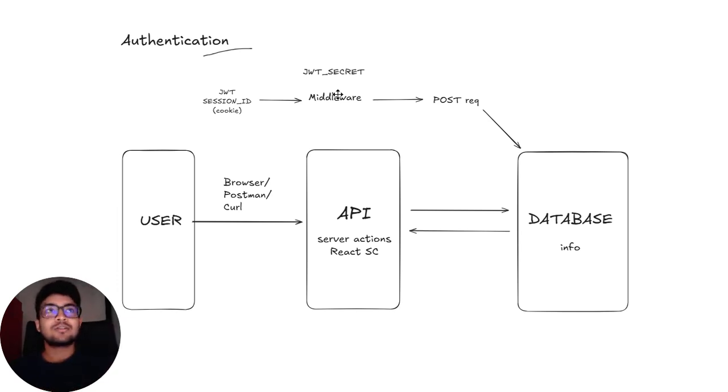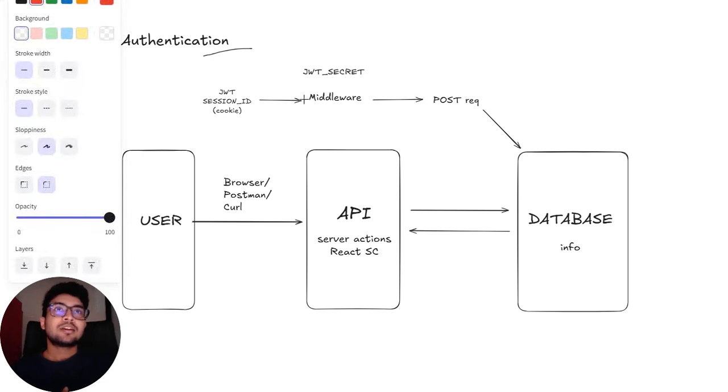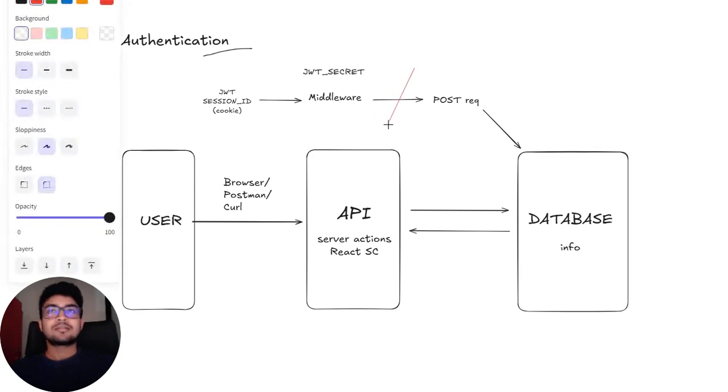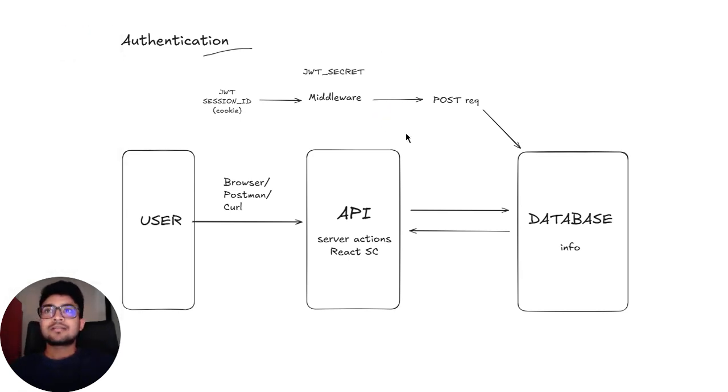If not, access is stopped. If it is not validated, the user cannot send requests, like post requests or anything. This is important, because if this is not validated, any user can interact with your database and steal your data. So this is authentication, and it tells us who the user is.